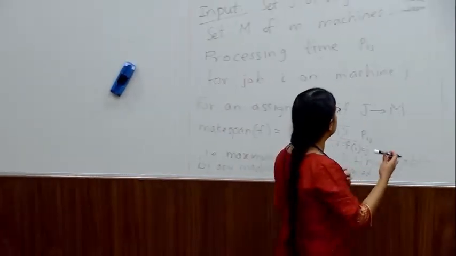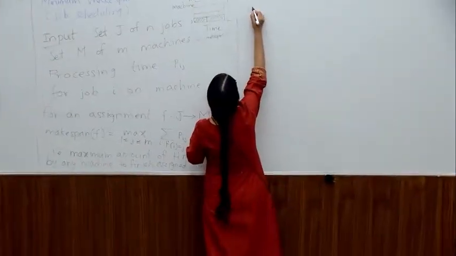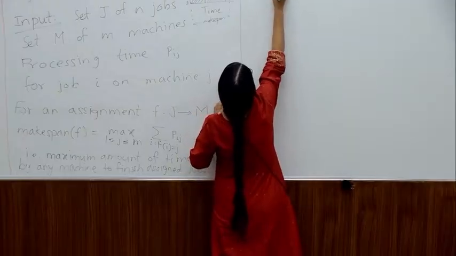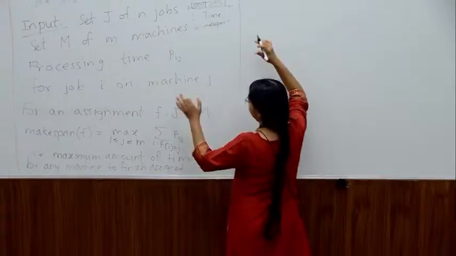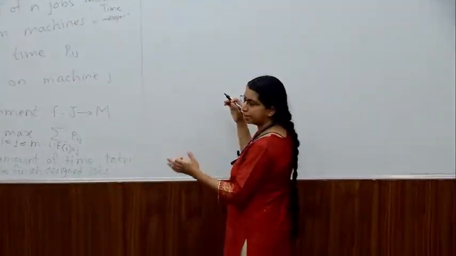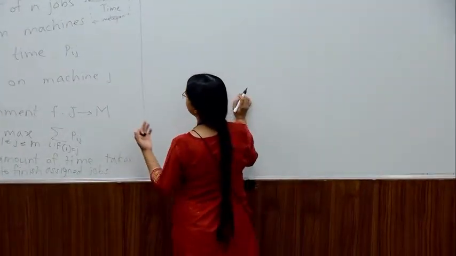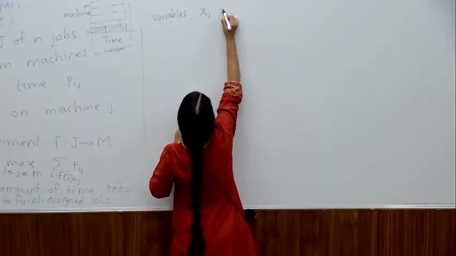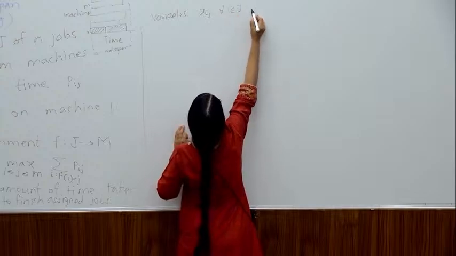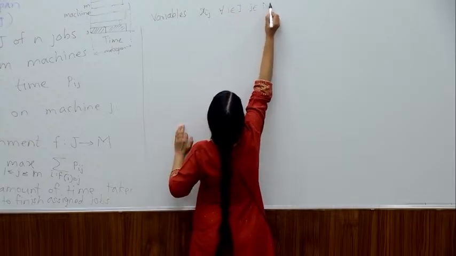Exactly. So the set of variables would be x_ij. We always write the integer program first and then remove the integrality constraint, because that constraint makes the problem hard. So variables x_ij, where i is a job and j is a machine.